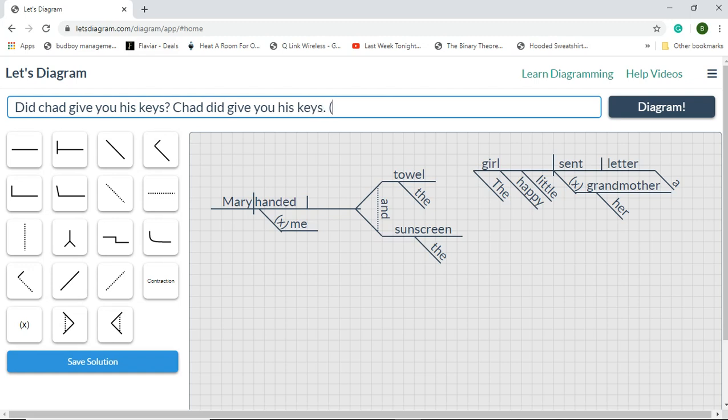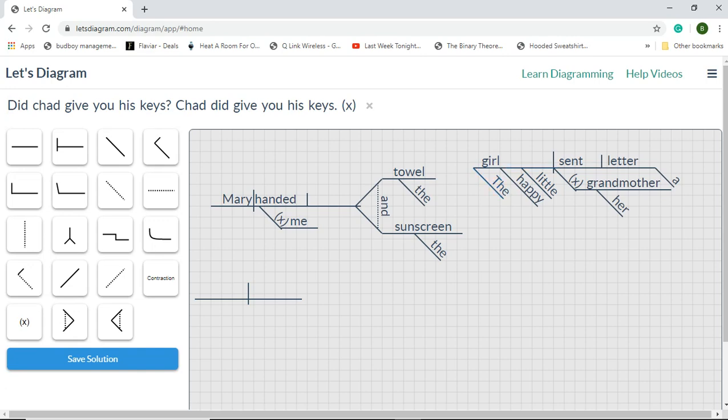Since we're doing indirect objects, we're going to need that right there. Okay, so we are going to make our cross like we always do. Let's diagram this. So, what is our subject?